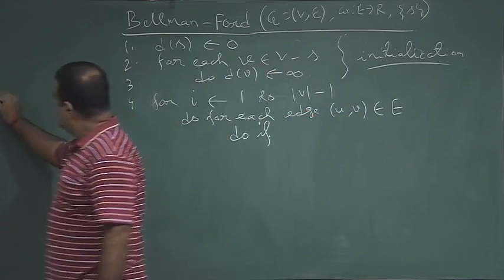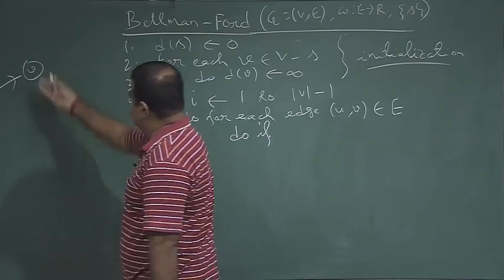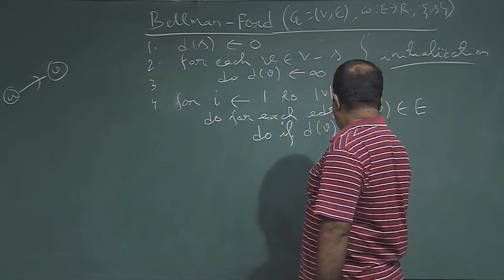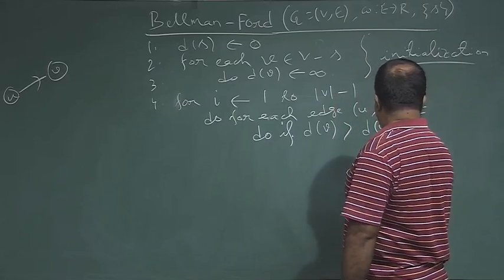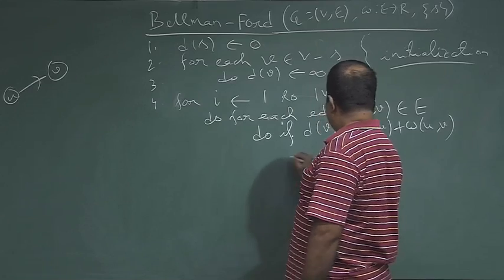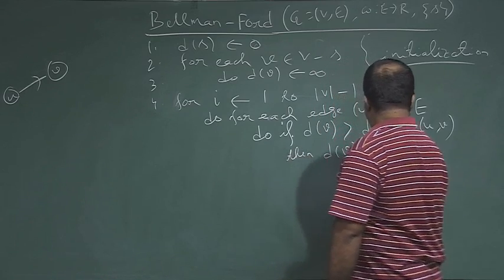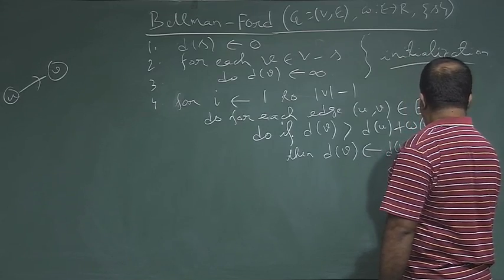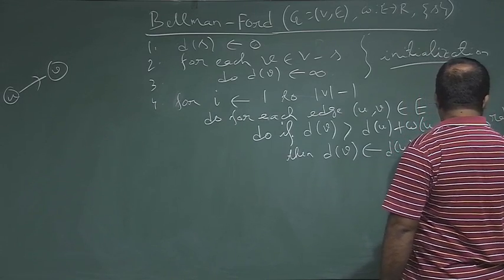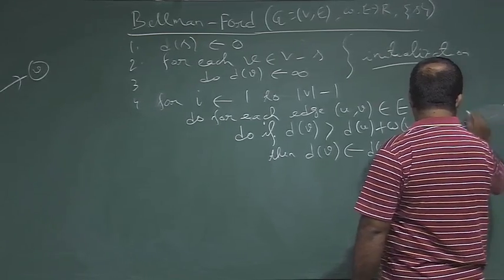So we take an edge U comma V and check whether we could relax this V or not. If dV is greater than dU plus delta UV, then we do the relaxation. This is the relaxation step.